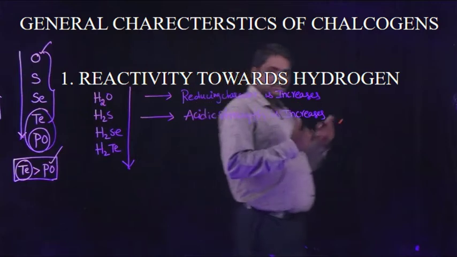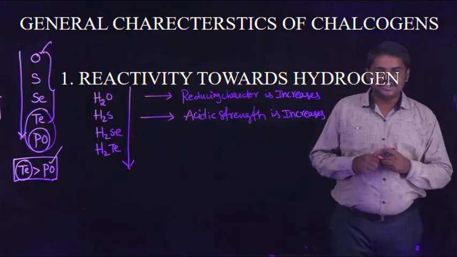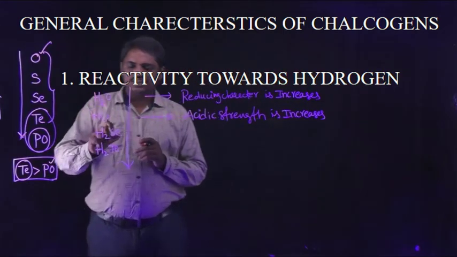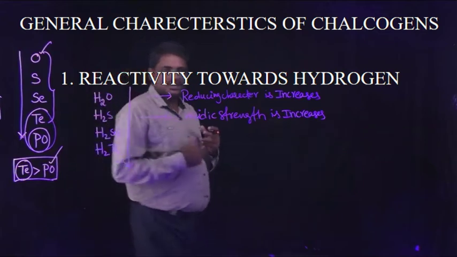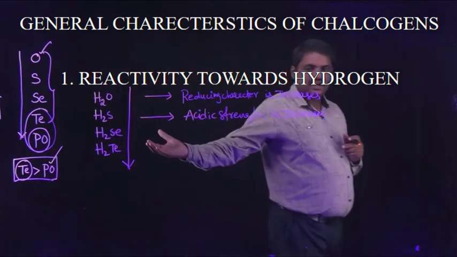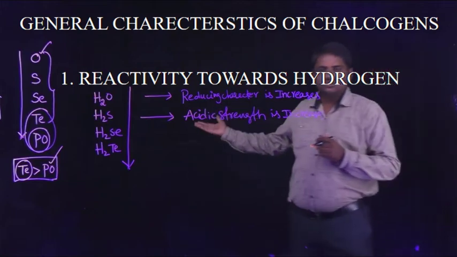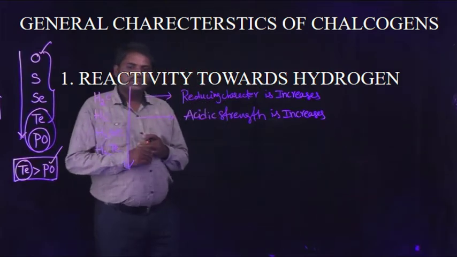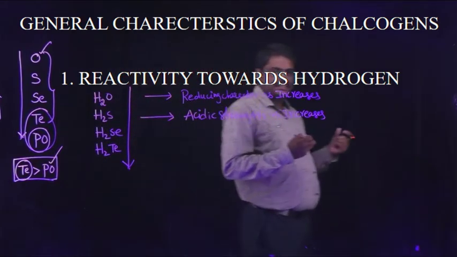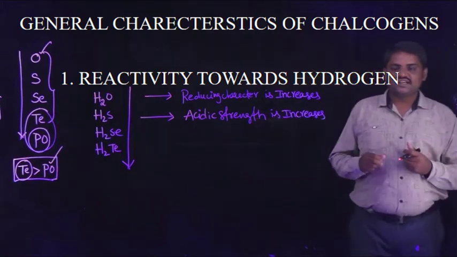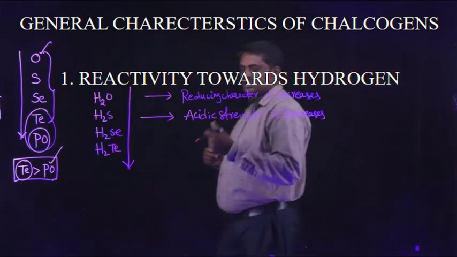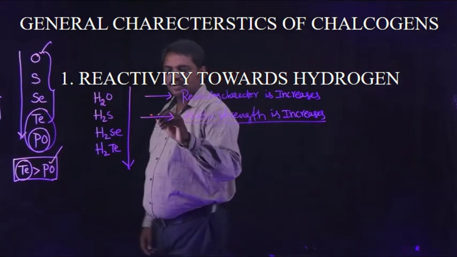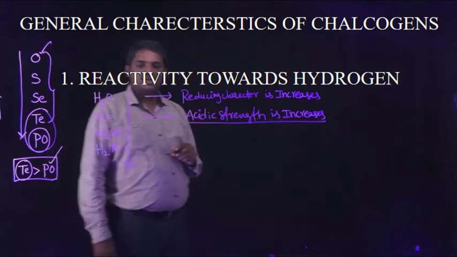Generally, for oxygen, sulfur, selenium and tellurium, the size of the atoms increases. The nearest atom is hydrogen, which exhibits electropositive character, while these atoms exhibit electronegative character. So on moving down the group, acidic strength also increases.